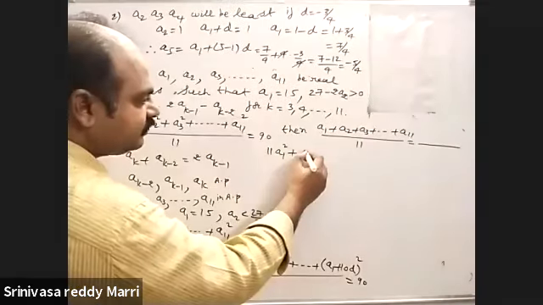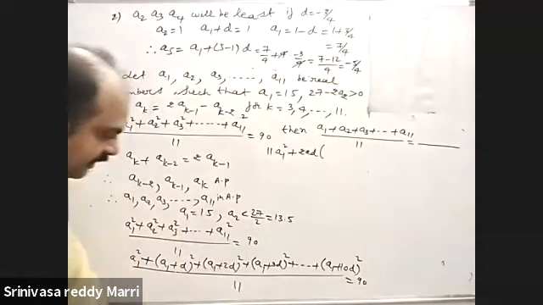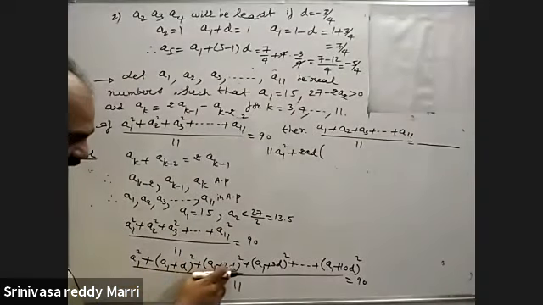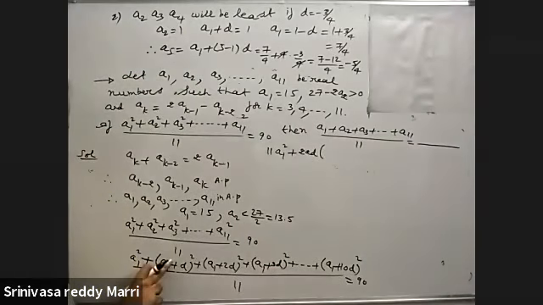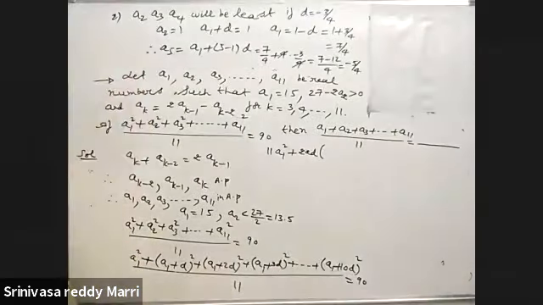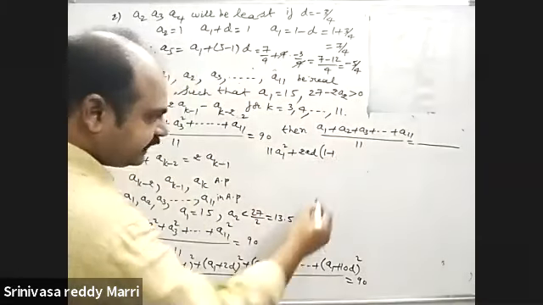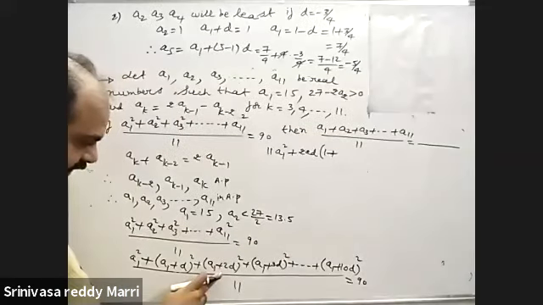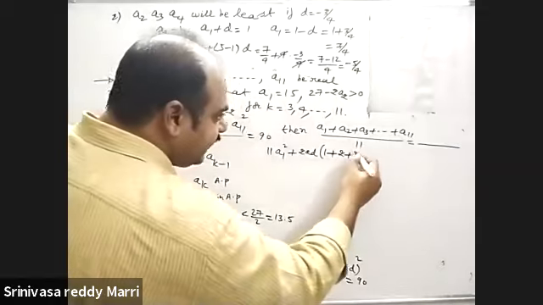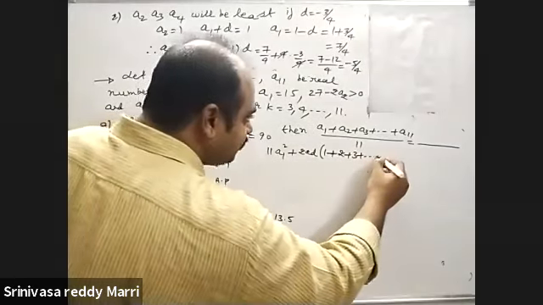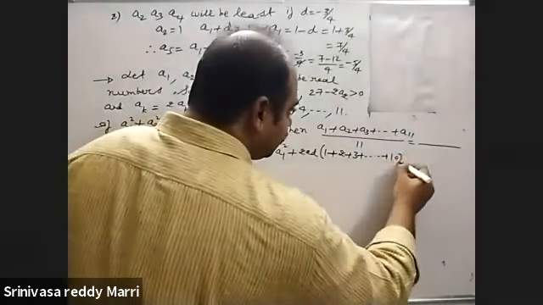I am taking 2a1d common. Here 2a1d, 4a1d, 6a1d, and so on, 20a1d. From all of it, 2a1d I have taken common. Here you will get 1, plus here 4a1d, that means you will get 2. Here 6a1d, you will get 3, plus and so on, plus here 20a1d, that means you will get 10.